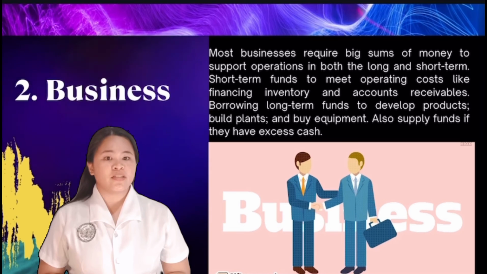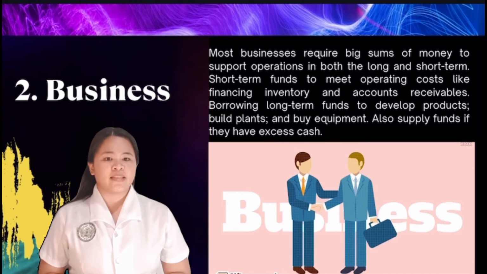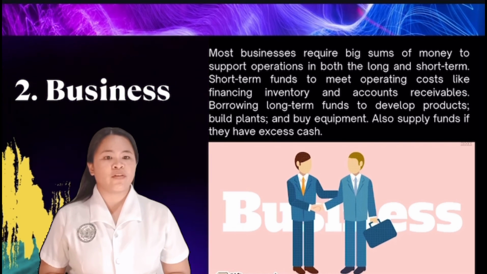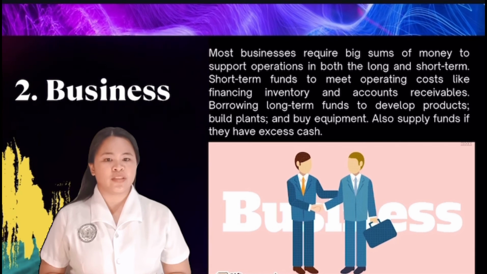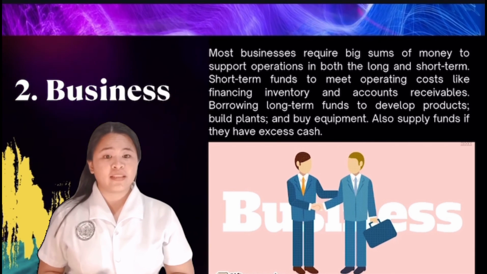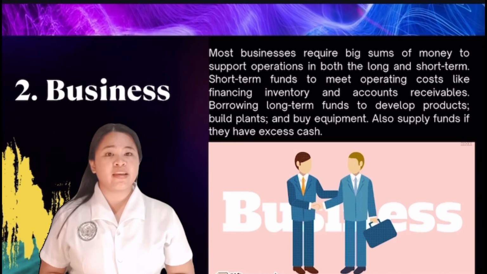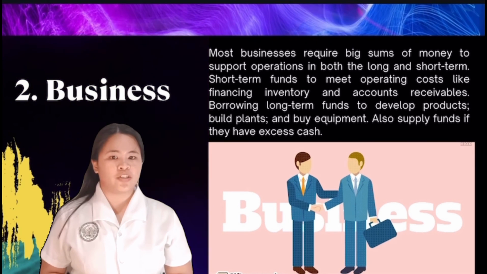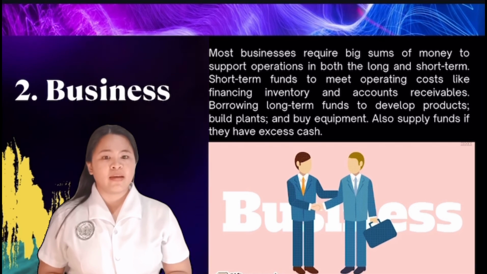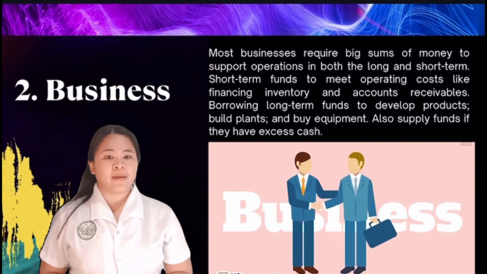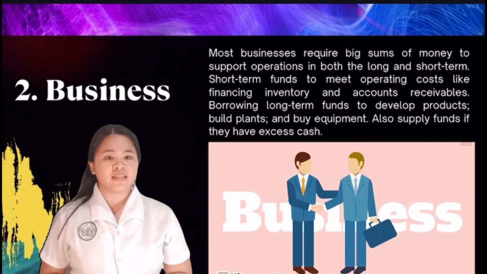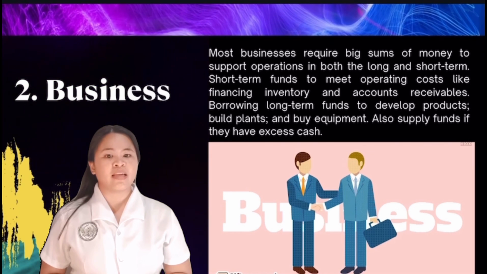Financing these needs required businesses to issue debt and equity security. Like government, business firms also supply funds if they have excess cash. At the same time, they are both net demanders of funds since they demand more funds than they supply.